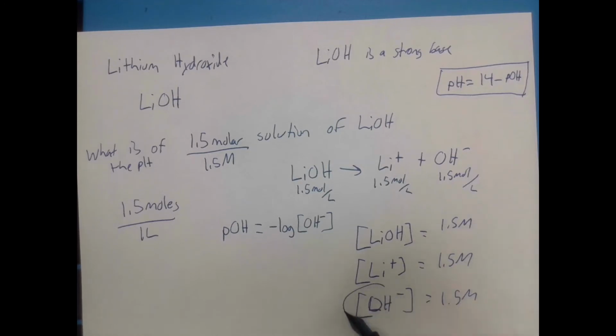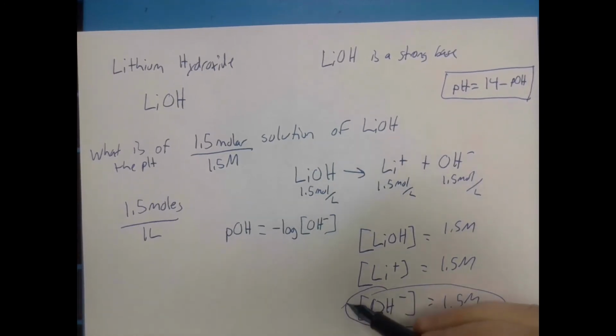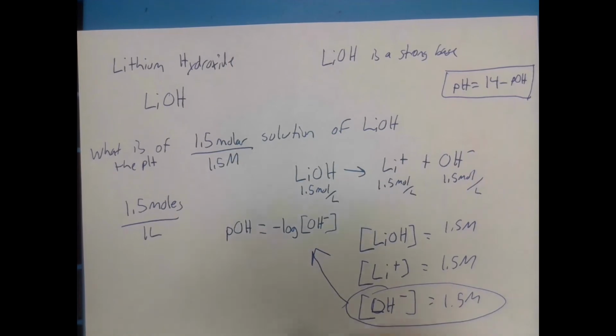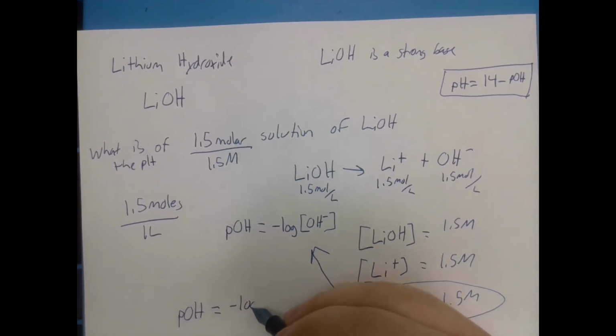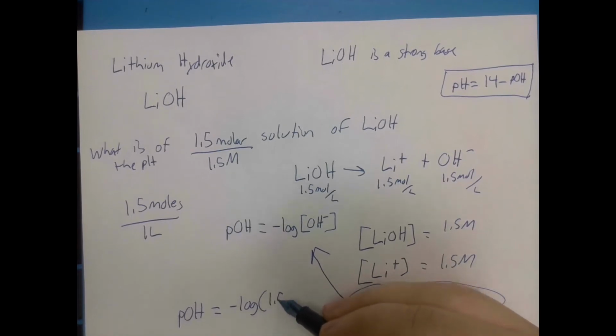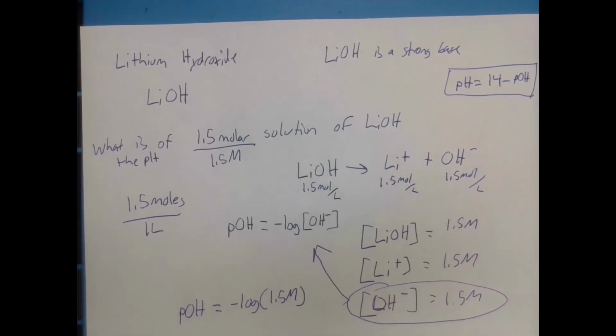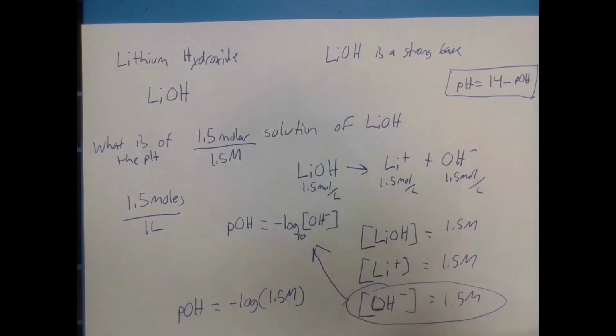And this is what we need. We just take this, plug it into the equation. pOH is equal to negative log of 1.5 molar. So you plug that into your fancy calculator. Technically it's log base 10, but log by default is base 10 in most calculators.